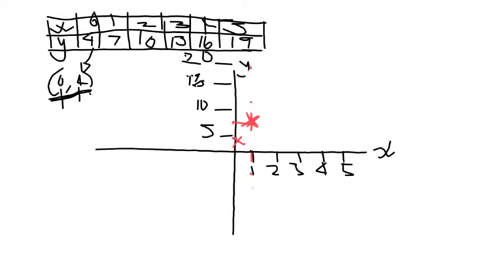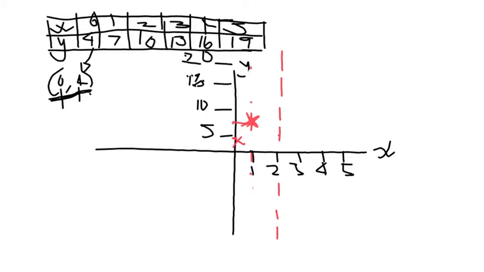Now we go to our next point, which is x equals 2. So we draw our invisible line. If you've got a ruler, you just put it like so against the 2 and draw your invisible line. So we know it has to hit somewhere on this line. Let's look at our y-axis.